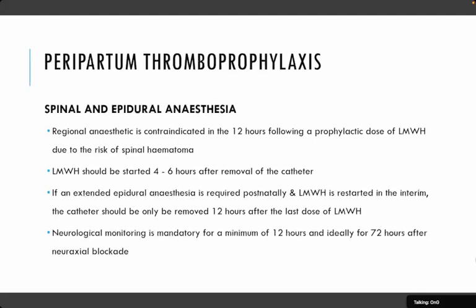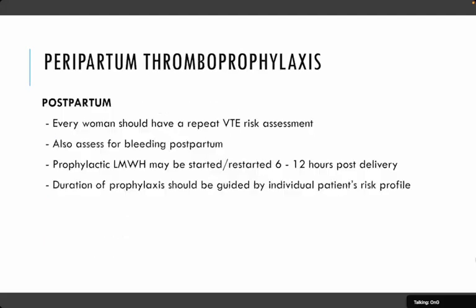In cases where an extended epidural anesthesia is required and, for example, Clexane is restarted in the interim, the epidural catheter should only be removed 12 hours after the last dose of the low molecular weight heparin is given. And it's recommended that neurological monitoring be done for a minimum of 12 hours, but ideally for 72 hours after neuraxial blockade to ensure that there are no complications that may result from a spinal hematoma.